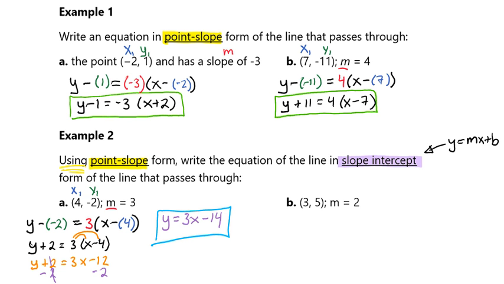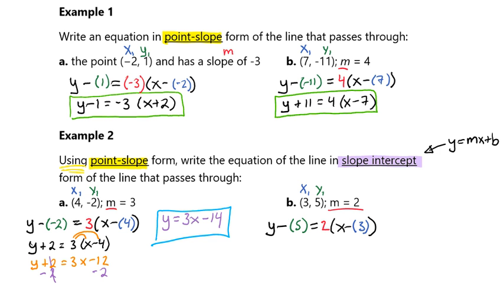So here our x1 is 3, and our y1 is 5, and our m is 2. When we plug our things into the point-slope form, that's going to give us y minus 5 equals 2 times x minus 3. So I put the x1 in its spot, the y1 in its spot, and the m in its spot. And here we see that there's really nothing to simplify. There's no double negatives or anything that can go together.